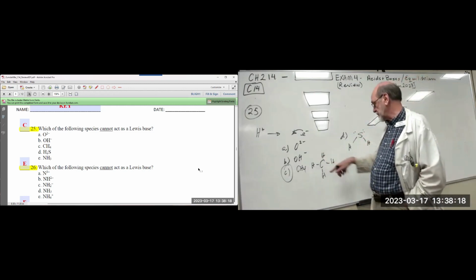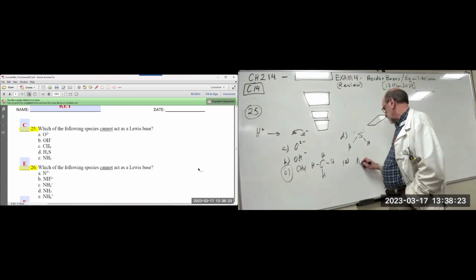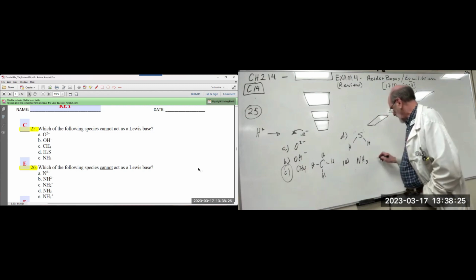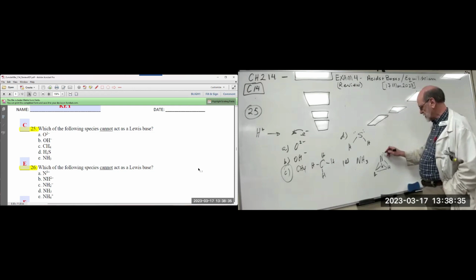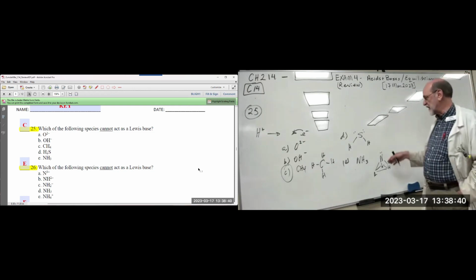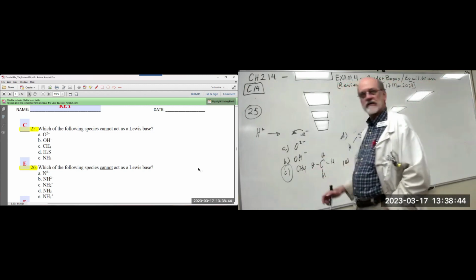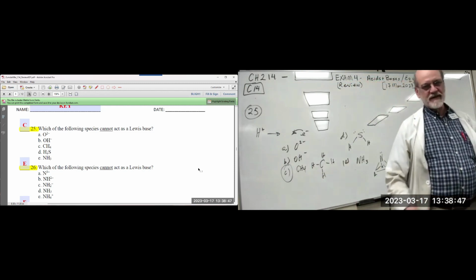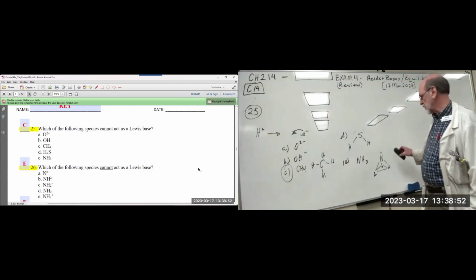There are no lone pairs here. And E, ammonia. Well, ammonia looks like this. It's got the trigonal pyramidal shape, and it's got those lone pairs. So that would be a base also. Base, base, base, base, not. So methane would be a very poor candidate for a Lewis base.